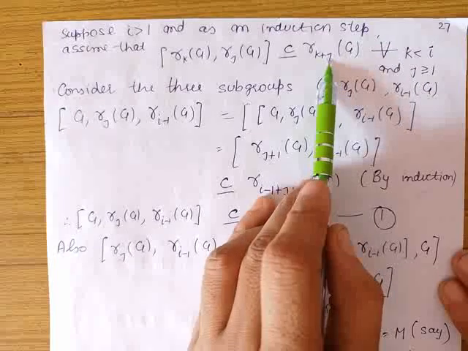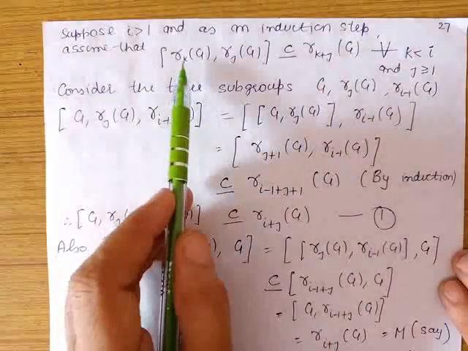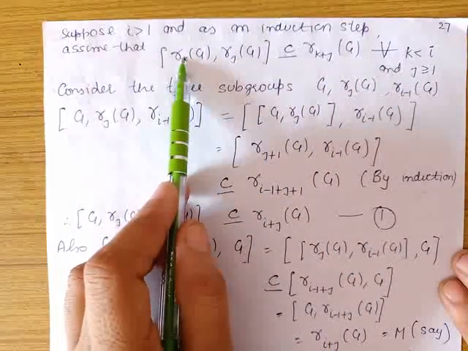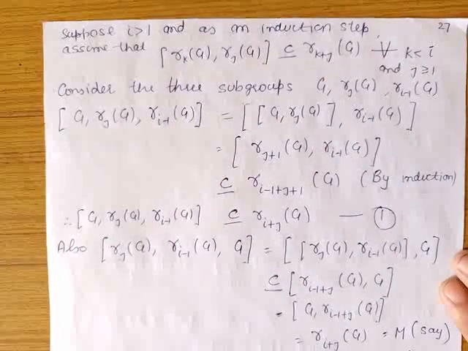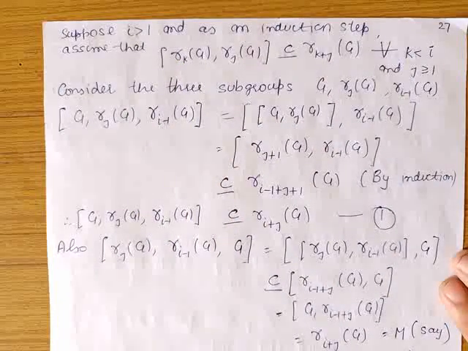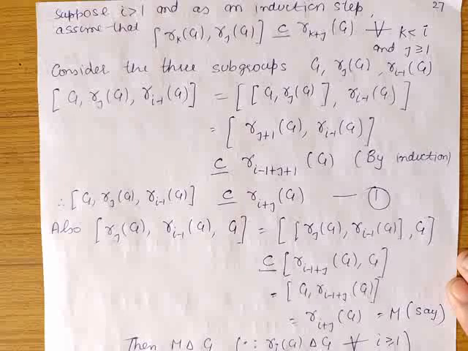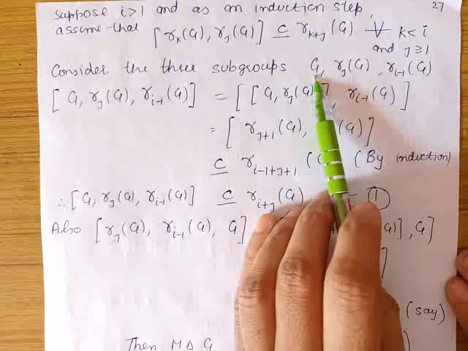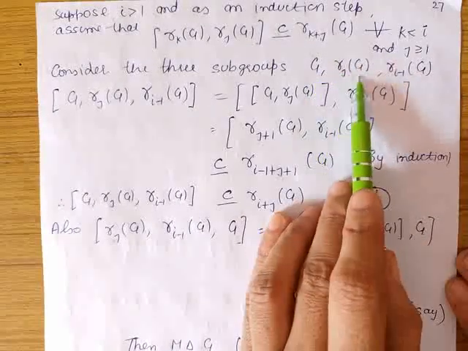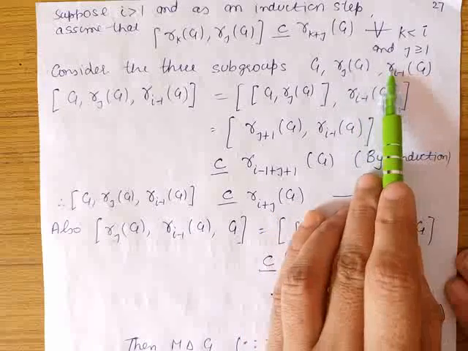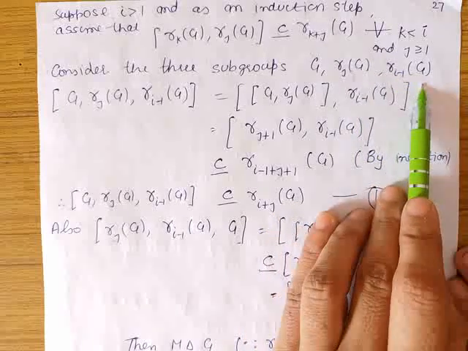Here j is greater than or equal to 1 and k is less than i. Now, to complete the induction, let us use the three subgroups lemma of P. Hall. To use that lemma, let us consider three subgroups of G: first G itself, second γ_j(G), and next γ_{i-1}(G).